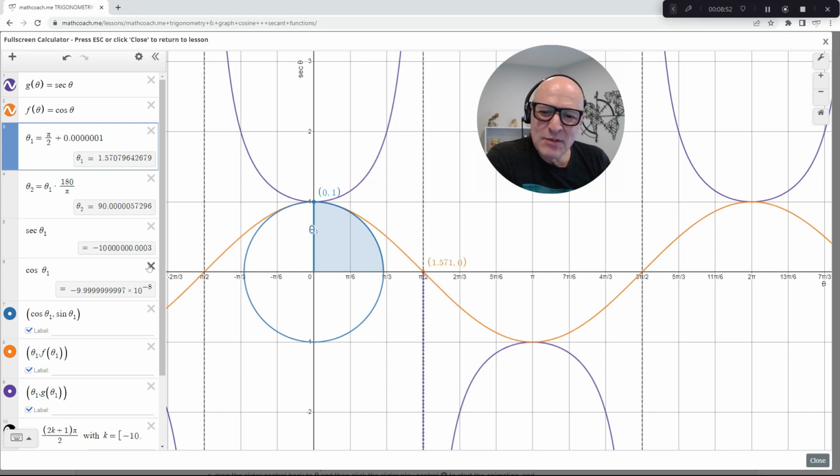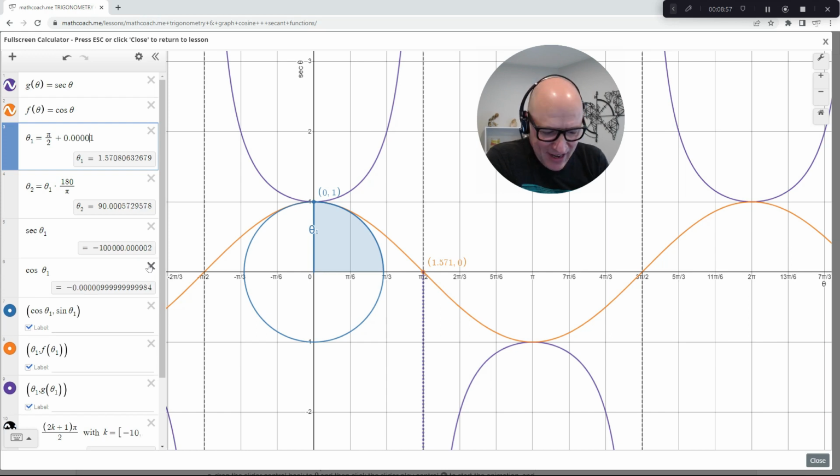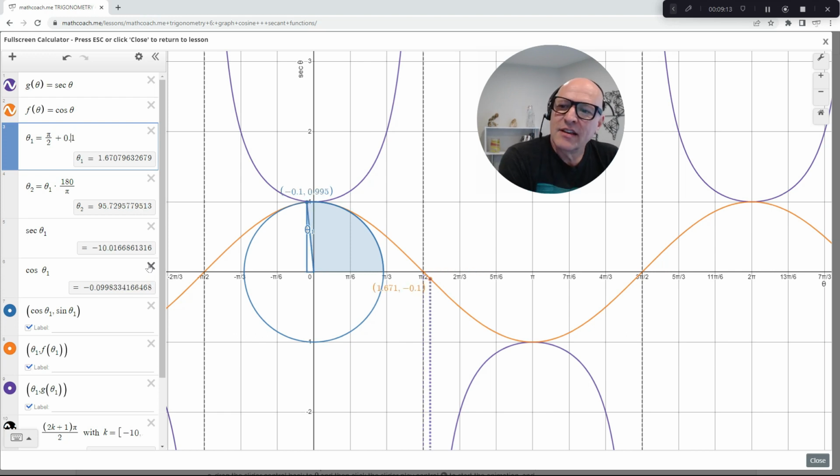We really haven't seen it move yet, right? But now it's a number that I can actually read, minus 10,000. Now it's minus 1,000, and we're starting to see it move again. Now it's minus 100. At pi over 2 plus 0.1, now it's minus 10.